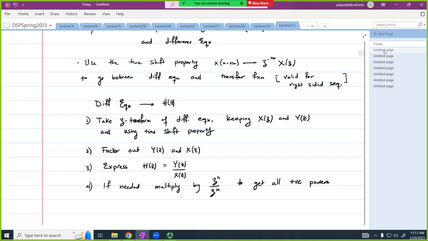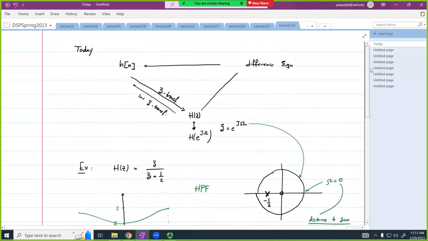So the difference equation, it's been a while. It's how we defined the filter in the past? I mean, we briefly mentioned the difference equation as a representation of the system. Okay. But good question. The point we're trying to make is all these represent the same thing: H of z, h of n, h of omega, difference equation. They all describe the same thing, and I can go between them.